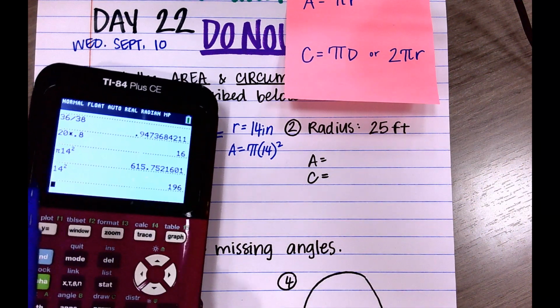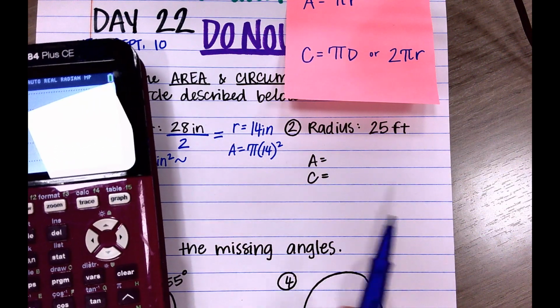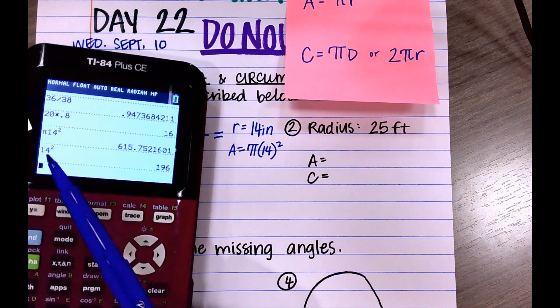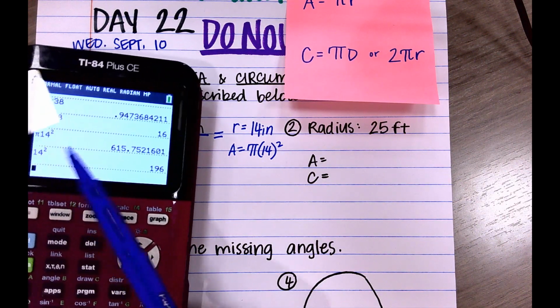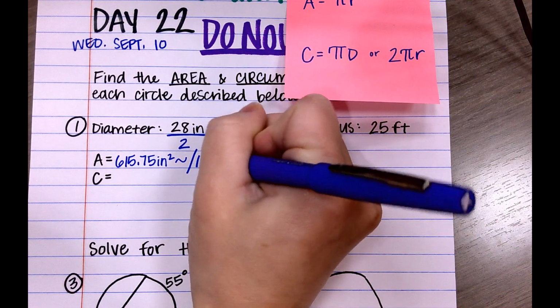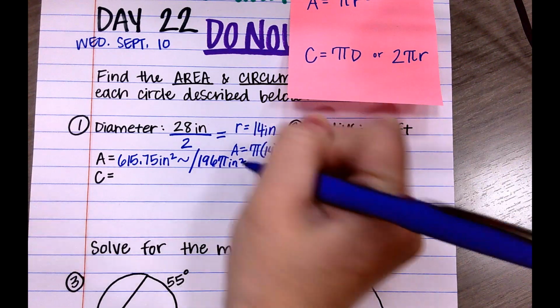Perfect. So if we want an exact answer, we just don't put pi in the calculations. We just write pi. So I'm just doing radius squared, 14 squared. That would be 196 pi inches squared.